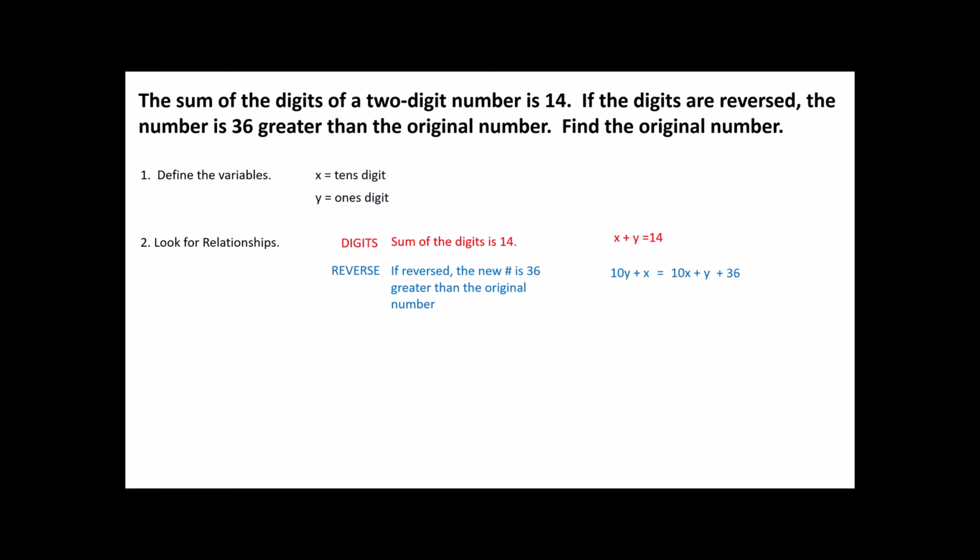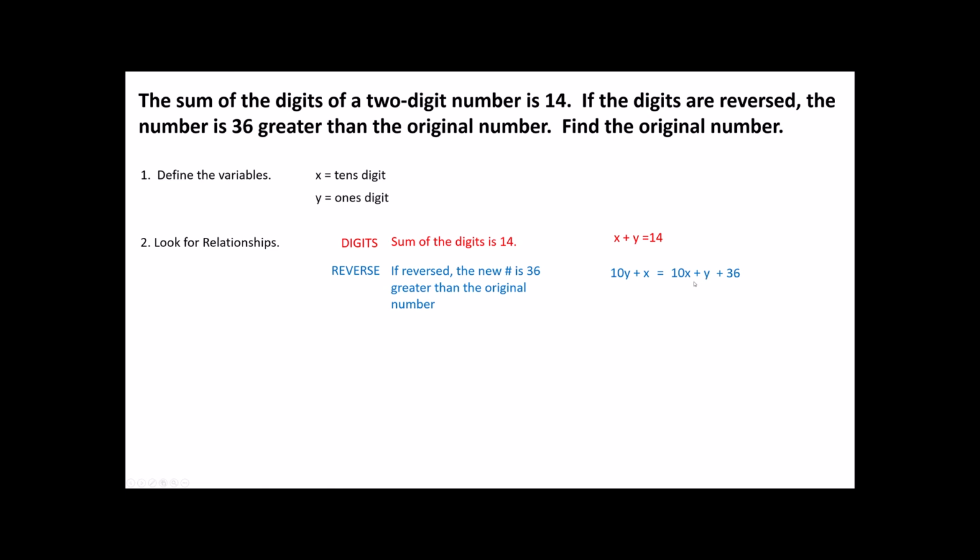And if I'm going to be 36 greater than that, I should put a plus 36. Notice you now have a system. The first talks just about the digits. The second talks about what happens if I reverse the digits. I get the new, or reverse, is 36 more than the original.